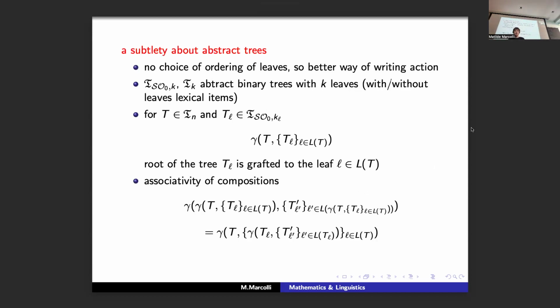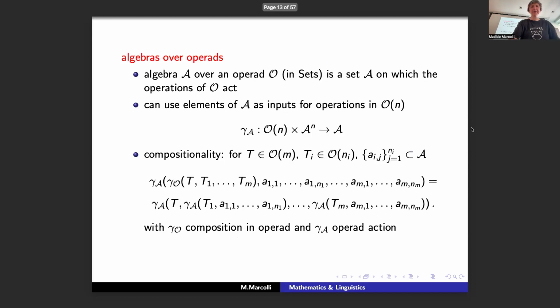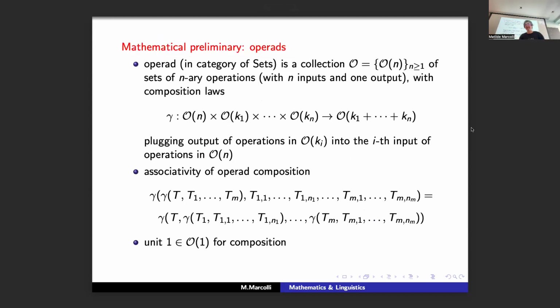Of course, there is a small subtlety here regarding the ordering of leaves, because we are dealing with trees that are non-planar. When I described this operad composition, I said I have an output and I give you an ordered sequence of inputs, and I plug the first one into the first leaf, the second one into the second leaf, and so on.